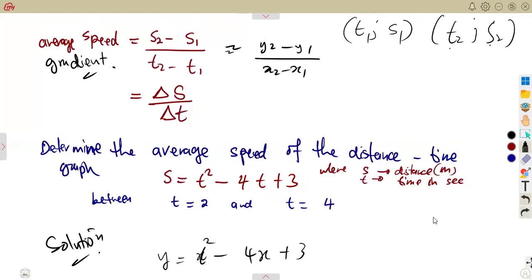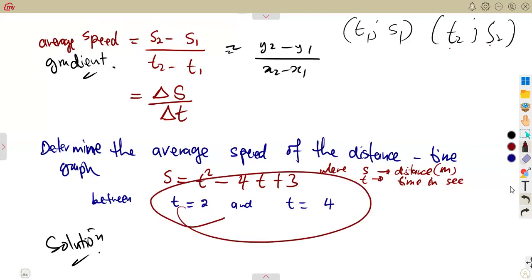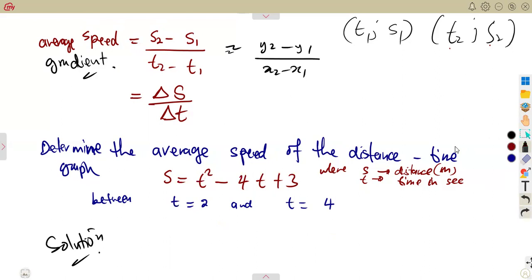What was happening before? If you substitute an x value, if x is 1, you substitute in place of x, and what you obtain is the y value. So it's the same thing this time. When we substitute these t values, we must have their corresponding s values.